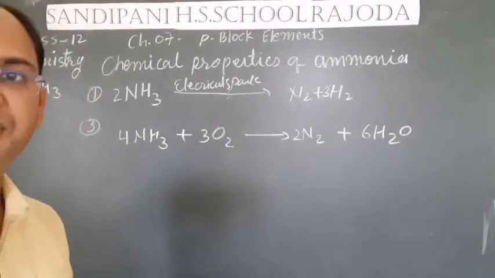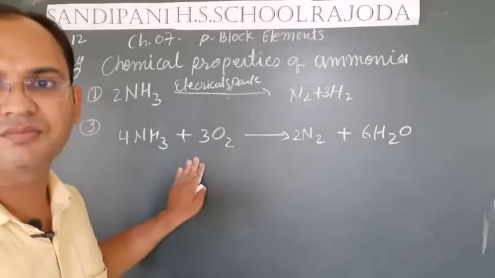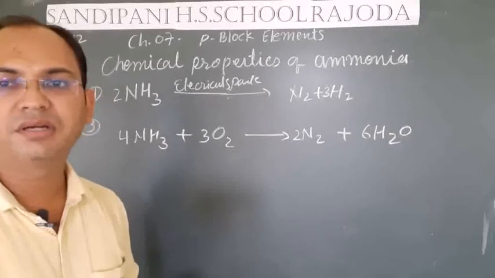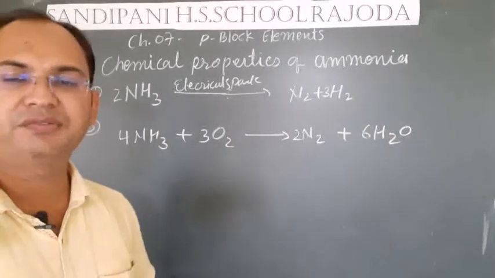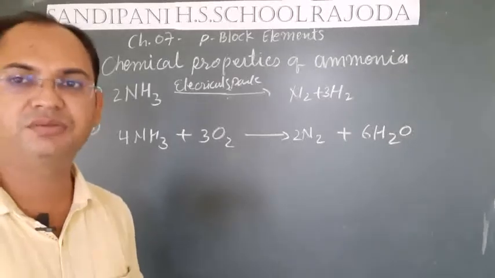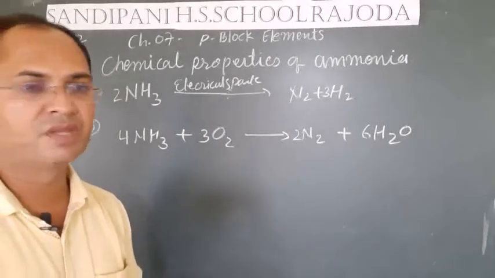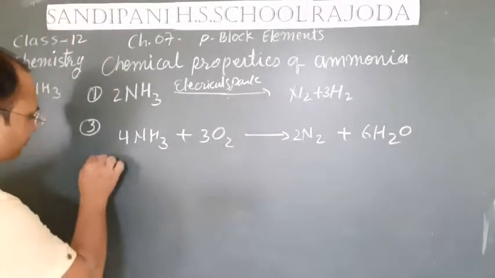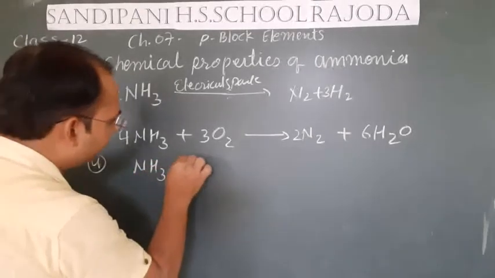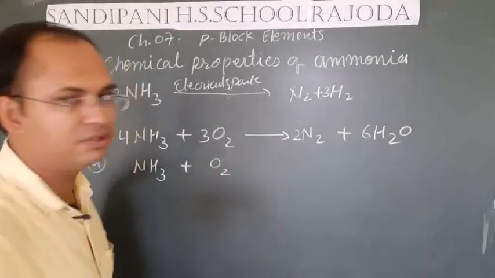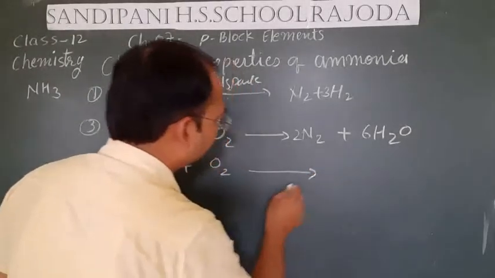Next, third property. In the same reaction, students, if we add the catalyst platinum and make this reaction feasible at very high temperature, that is near about 800 degrees Celsius, then the product gets changed. See the reaction. When this ammonia reacts with oxygen, the same reaction, but the physical conditions get changed.